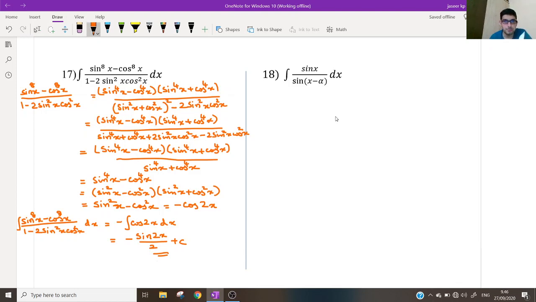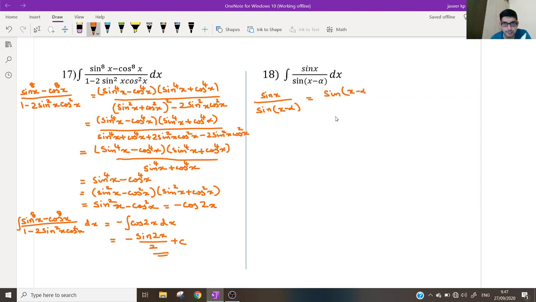Now to the next problem, integral of sine x divided by sine of x minus alpha dx. Now let us simplify this one before integrating. So sine x divided by sine x minus alpha. Now let us write the numerator in terms of the denominator, that is sine x.